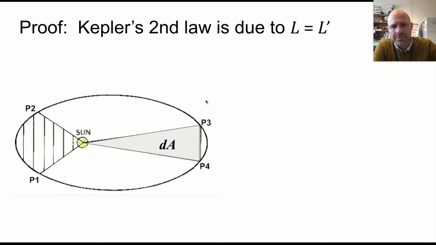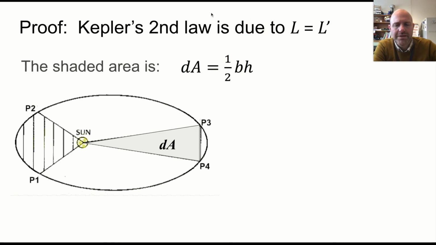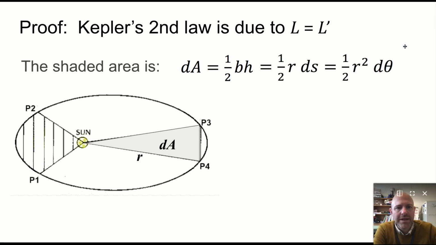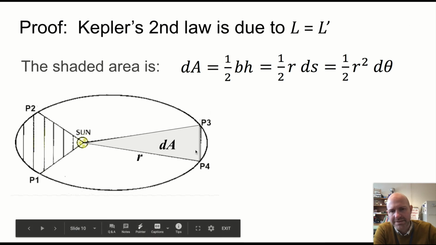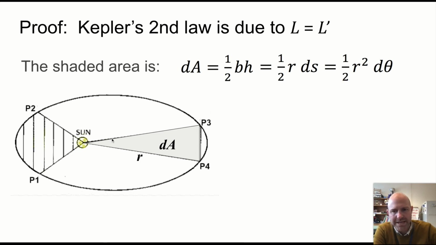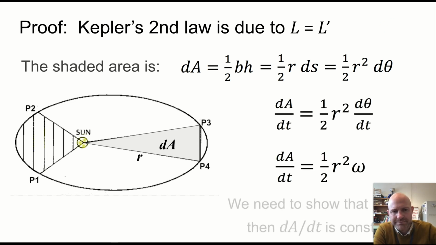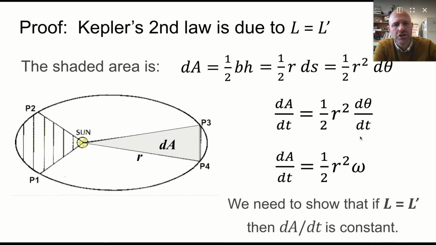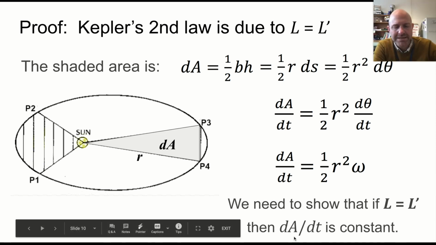We have this little bit of area, dA, one half base times height. That's one half of r ds, the triangle that we're dealing with there, and especially as this is small, then r is exactly the base of that triangle. We need to show that if those are constant, then dA is constant.